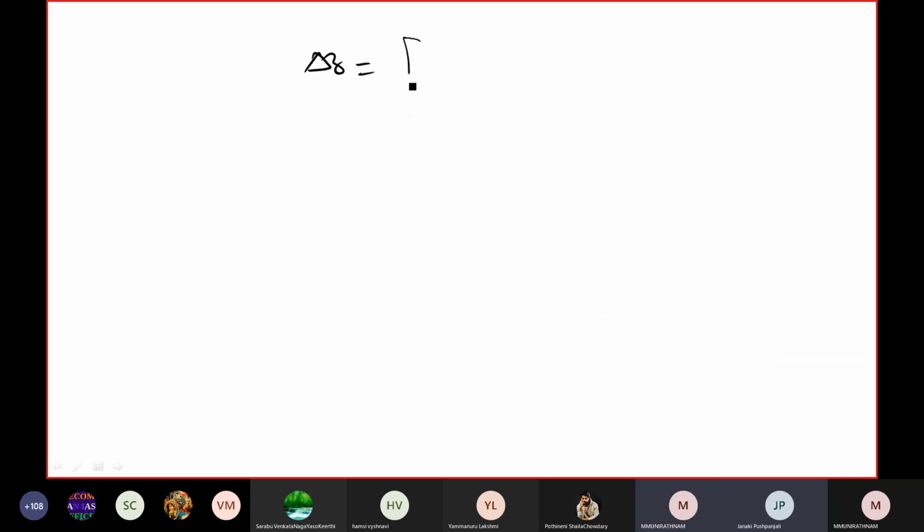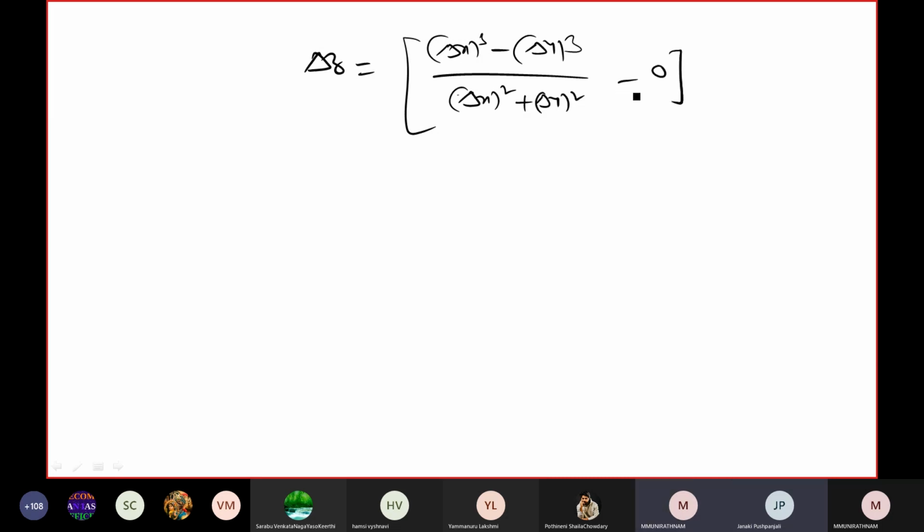Delta z is f of delta x comma delta y, delta x whole cube minus delta y whole cube by delta x whole square plus delta y whole square, minus 0.